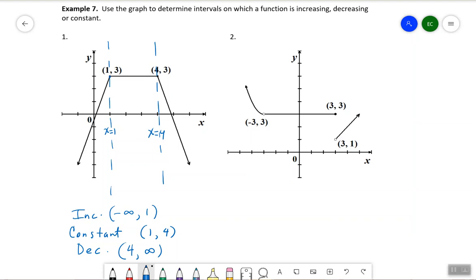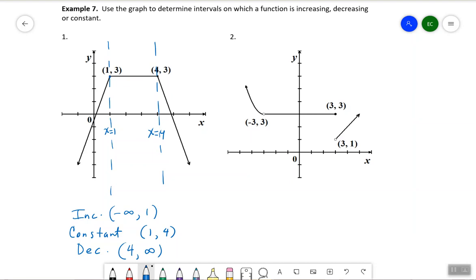And so that is a convention that goes back to the formal definition of increasing and decreasing, which says that we always do it on an open interval. And so that's the definition in our textbook. And it actually gets a little bit confusing because there are other textbooks that will define increasing and decreasing on a closed interval, but not our textbook. So let's not worry about that.